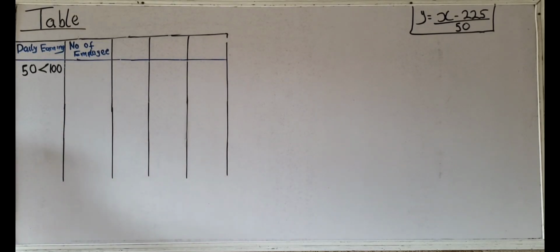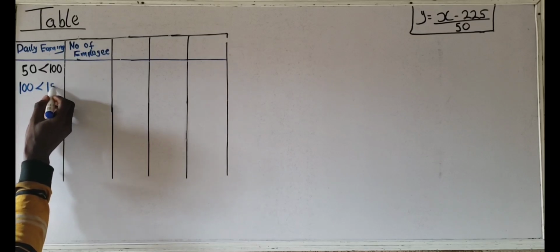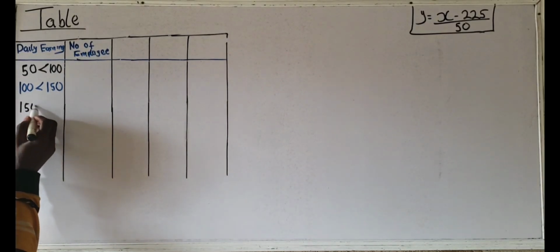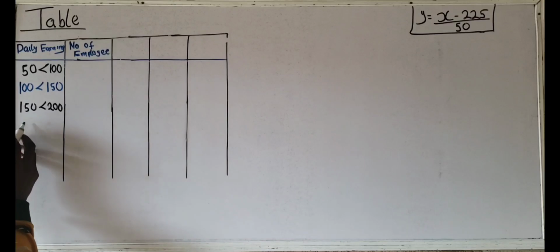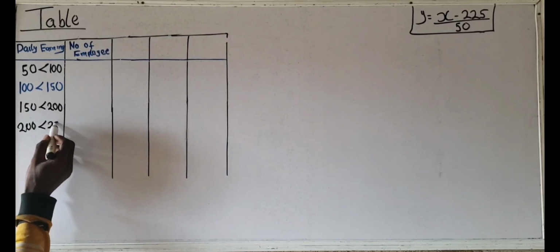And also, we have the second one, 100 less than 150. For the third, we have 150 less than 200. Then 200 less than 250.